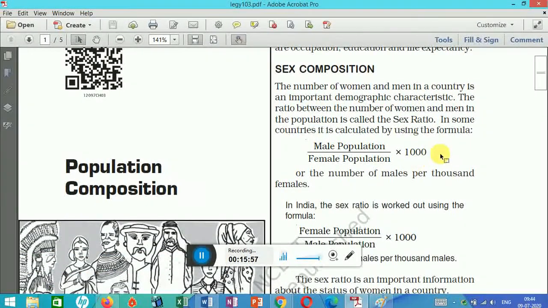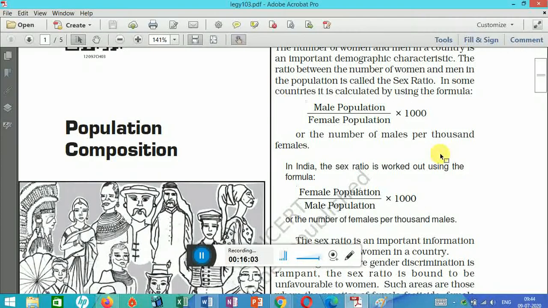And for the calculation of sex ratio, two formulas are given here. So the first one is generally used in the Western countries, or for the whole world. Here the formula is male population divided by female population multiplied by 1000.